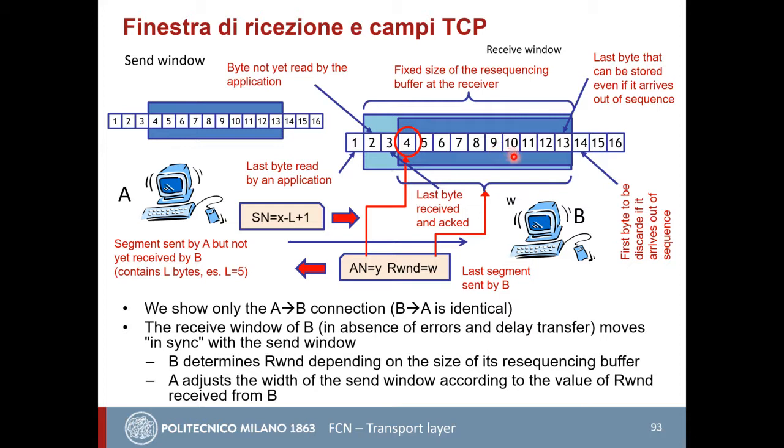So for example, if byte number 11 arrives, it can be stored. If byte number 15 arrives, it has to be rejected because it is out of the resequencing buffer. So here byte number 14 is the first byte that will be discarded if it arrives out of sequence. Okay.